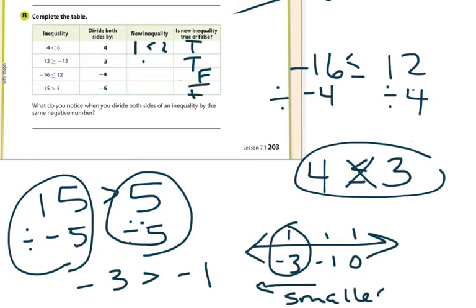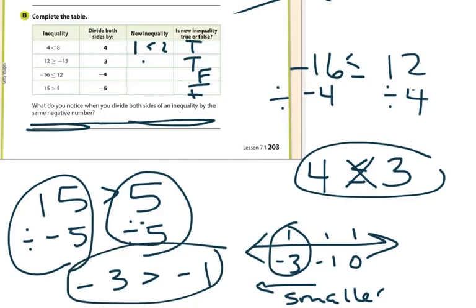And so there's something that you should notice when you divide both sides of an inequality by the same negative number. It has to be the same negative number because if not, then it would be different. But do you notice that it's not true anymore? So we've got to think about what could we do to make this true. Since this is false, what would we do to make this inequality true?